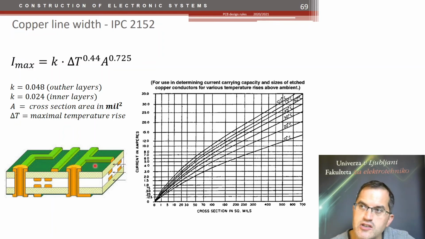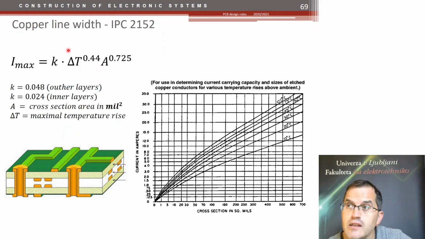So this equation tells you about the over temperature with respect to the ambient temperature of the line, the cross-section of copper, and some factor which is different whether we are talking about outer or inner layers. So this is a graph in which you can get the current according to the cross-section and the over temperature we are looking at.